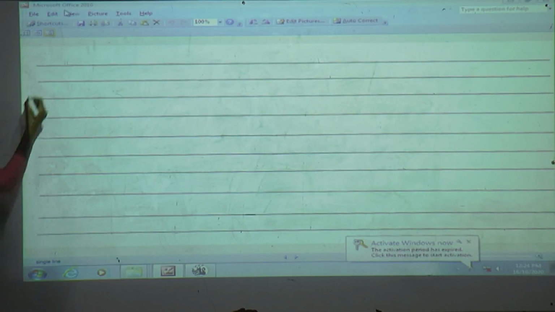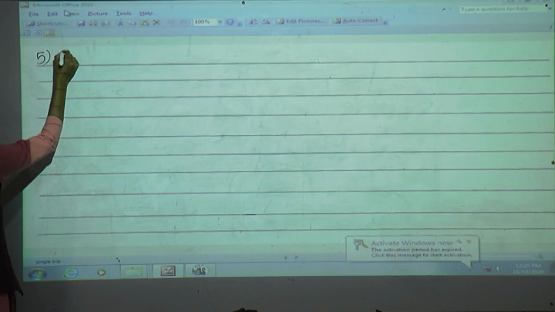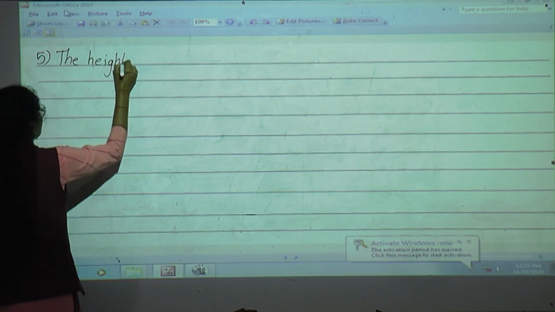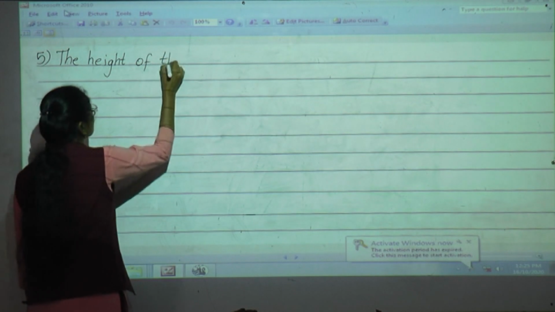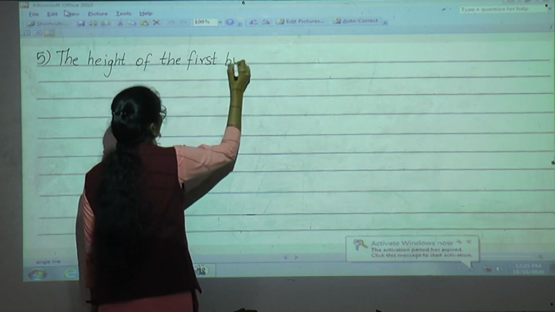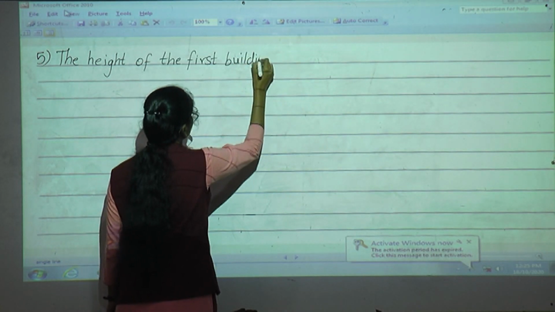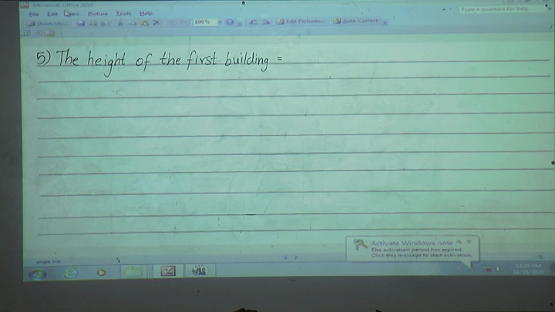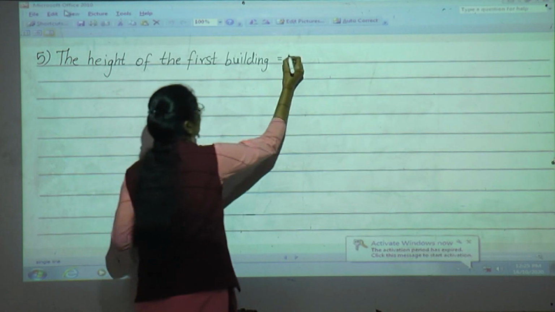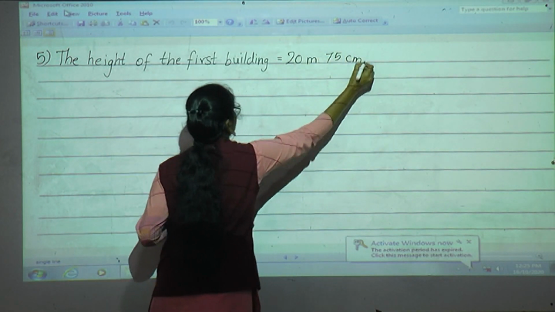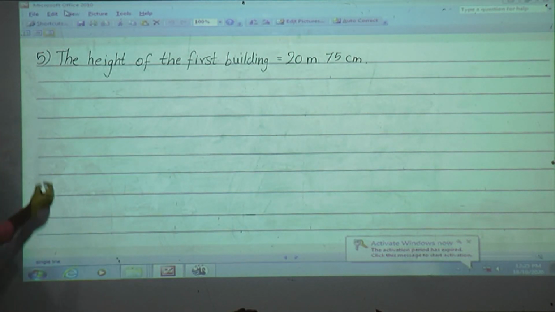So we will write here the height of the first building is 20 meter 75 centimeter. Now we'll write the height of the other building.